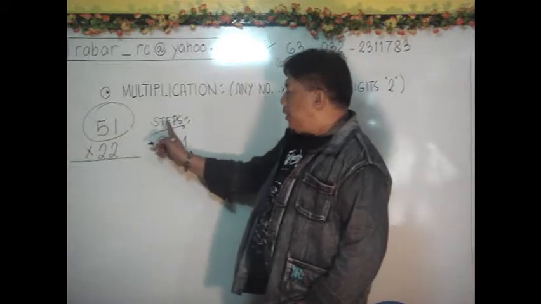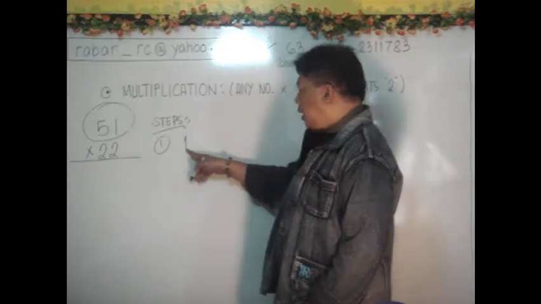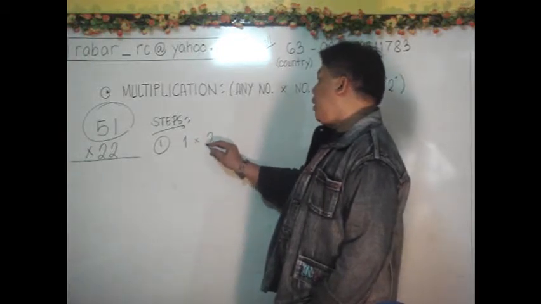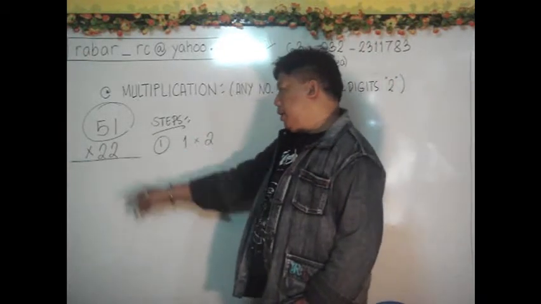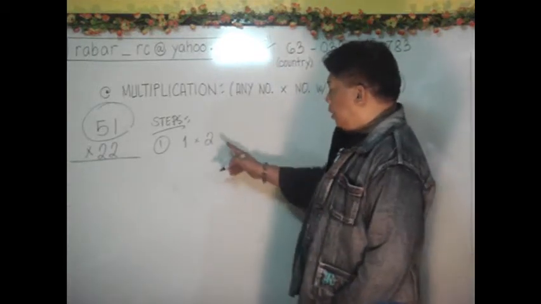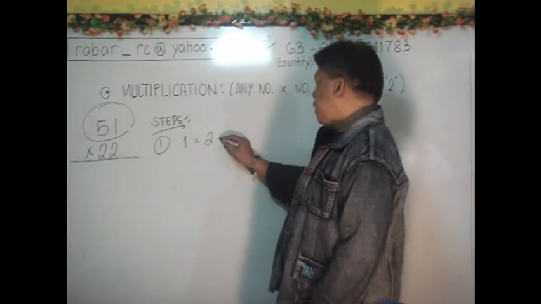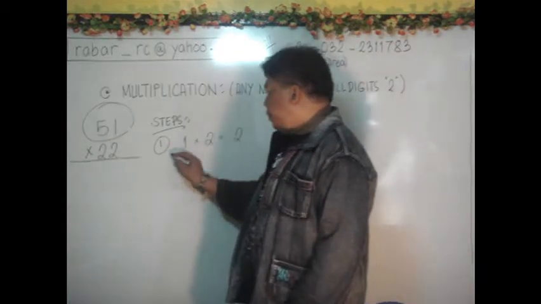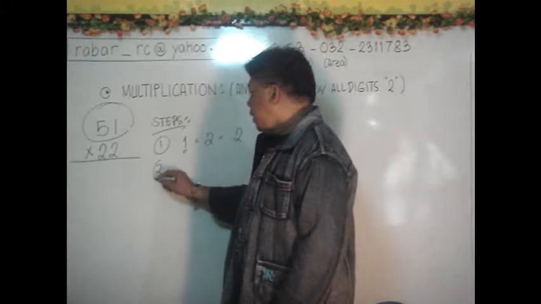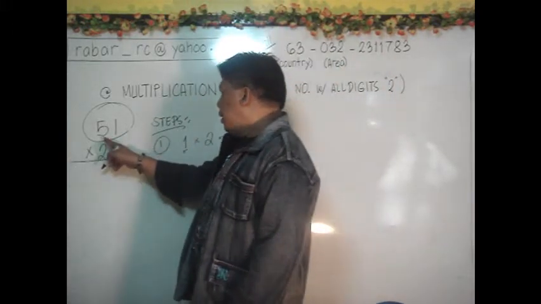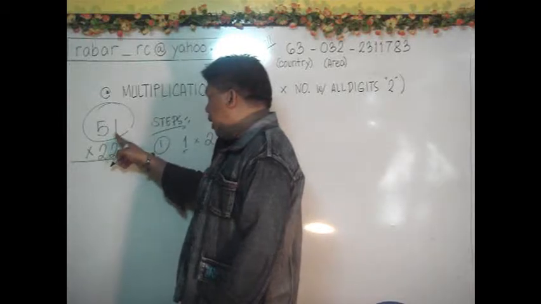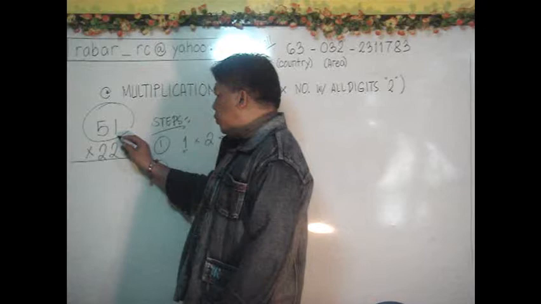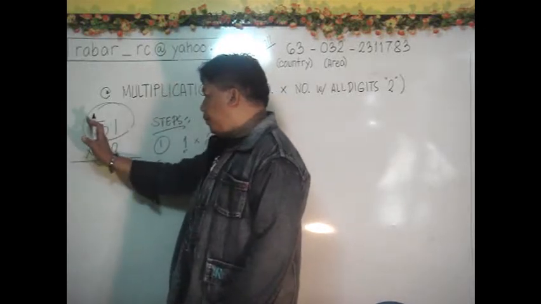Because the first step is to consider the last digit, but don't forget to always multiply with our base digit, which is 2. And the answer is 2. Next step is consider the sum of these 2. Now remember, we are doing addition from right to left.